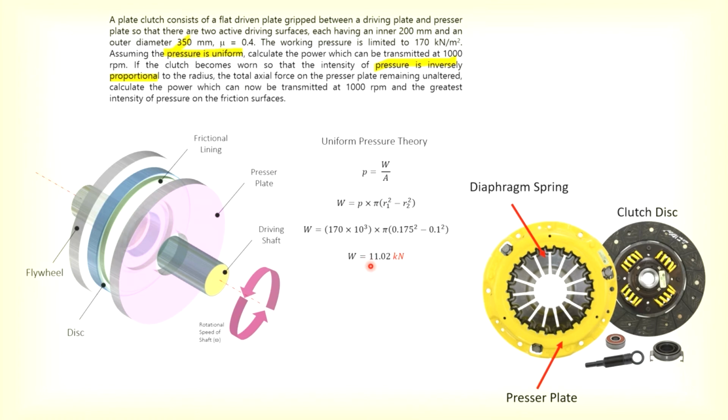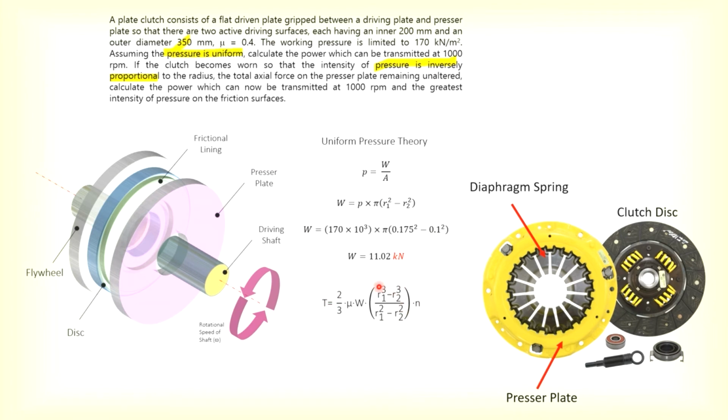From here, you will be able to find the initial actual spring force, which is 11.02 kilonewton. That is based on uniform pressure theory. Then you can apply this when you consider uniform wear theory, because they say the total actual force on the pressure plate remains unchanged.